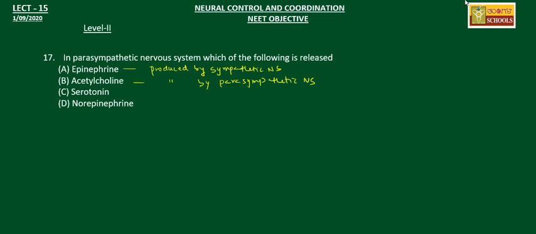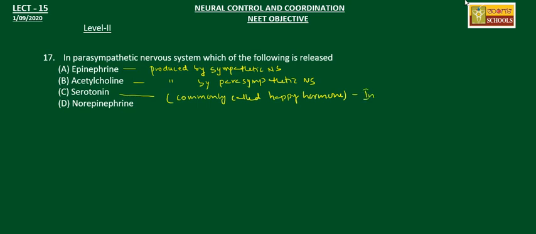Serotonin, commonly called the happy hormone, is mainly seen in the brain.